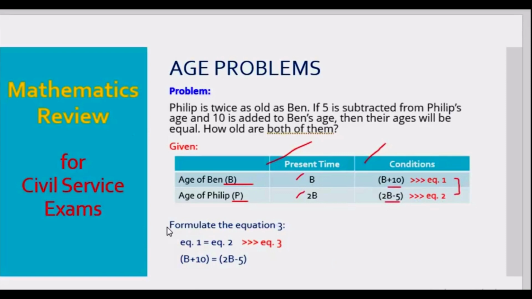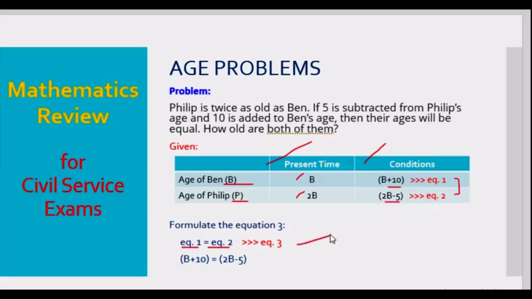And the other condition is that if 5 is subtracted and 10 is added, their ages are equal. So equation 1 is equal to equation 2. That is our equation 3.